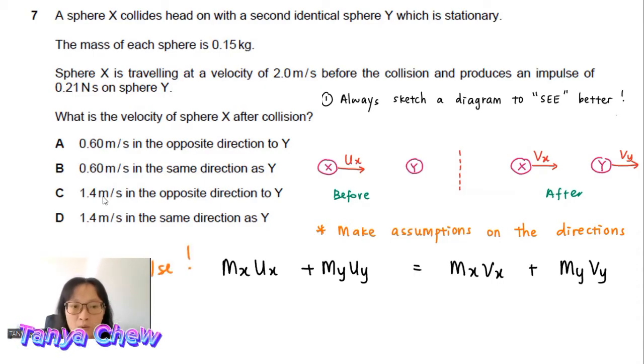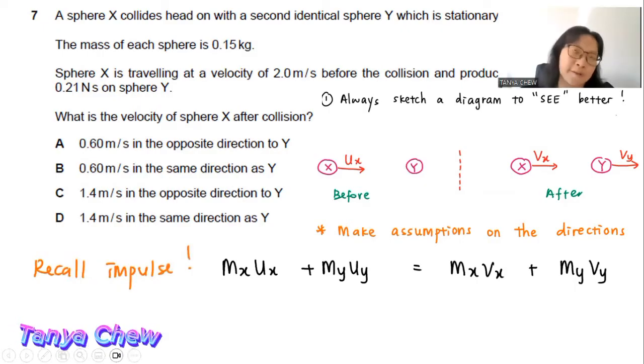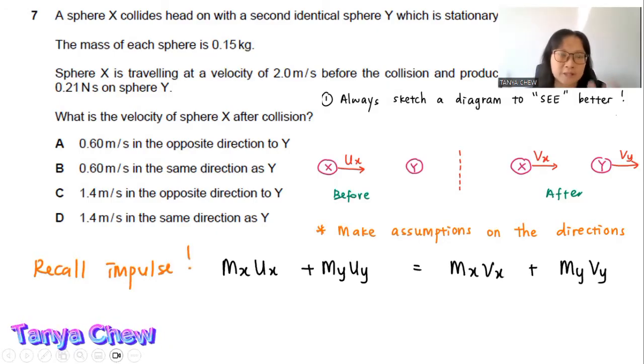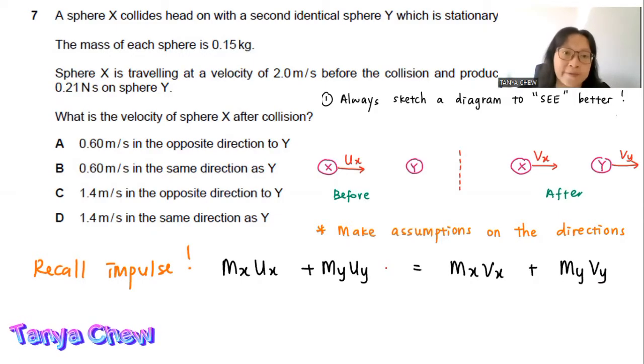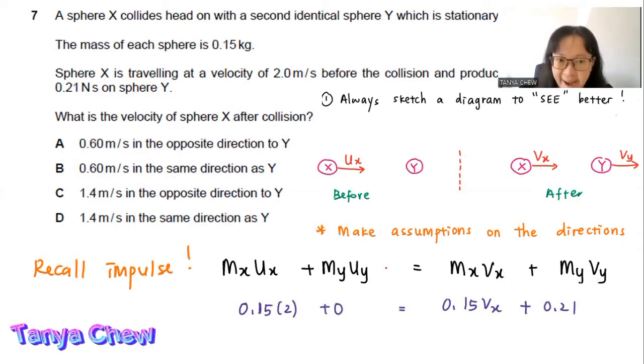That's all. Now, after that, since the impulse is being given, just recall what is impulse. Impulse is defined as the product of force and time, but force is not being given here. No problem with that. That's the second definition of impulse, which is change in momentum. So my vy minus my uy, that is the impulse of Y. I sub in whatever information that I have here.